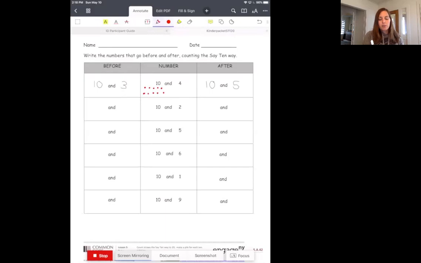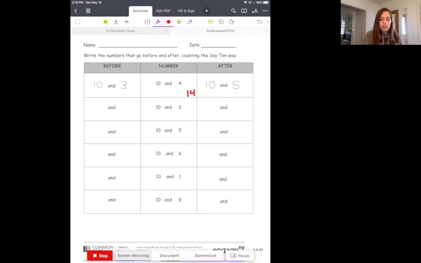And then it says and 4. 1, 2, 3, 4. When I have the number 10 and 4, what does that make all together? Do you remember? You should get the number 14, 14 dots.